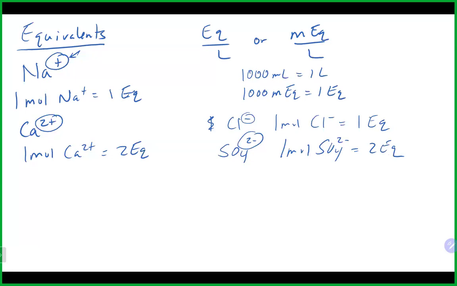So for example, let's take a look at a unit of concentration that is common to us, and that is moles per liter. Moles per liter is what is known as the molarity of a substance. That's a very common unit of concentration, probably the most common unit that's used.